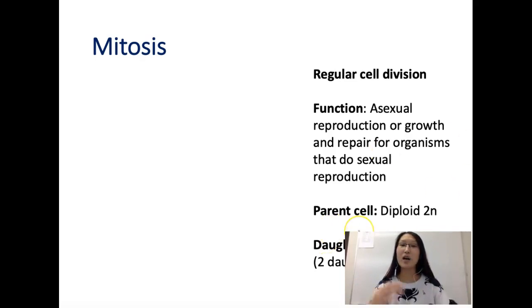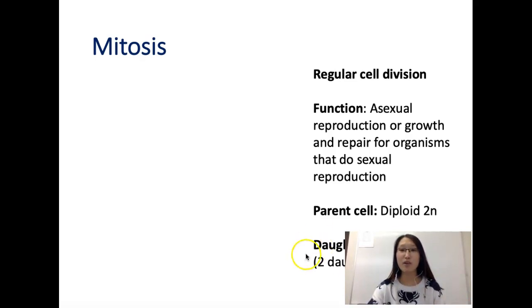And for both mitosis and meiosis, we can talk about the parent cell. So this is not just the parent, but a parent cell. If you think about sexual reproduction, you would have 2 gametes coming together, but each gamete comes from one parent. But right now we're talking about one cell, not the reproduction, but the process of mitosis, that's starting with one cell.